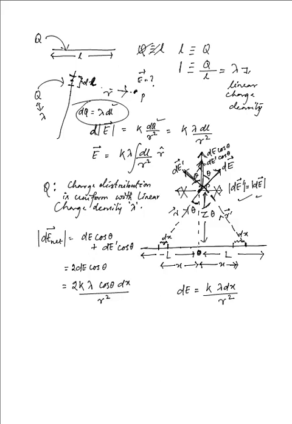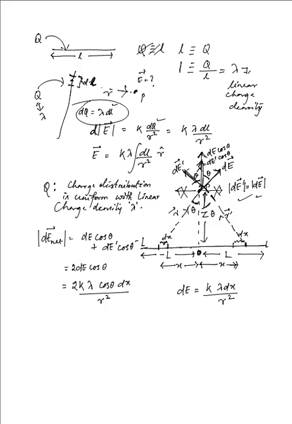Now in the case of r squared, the value of r is changing every time I shift the dx along that line, because we have to consider that entire line from 0 to this point L and this point minus L on the other side. So what we do is we get rid of those variables over there, and the variable has to have a certain limit over which we can integrate.